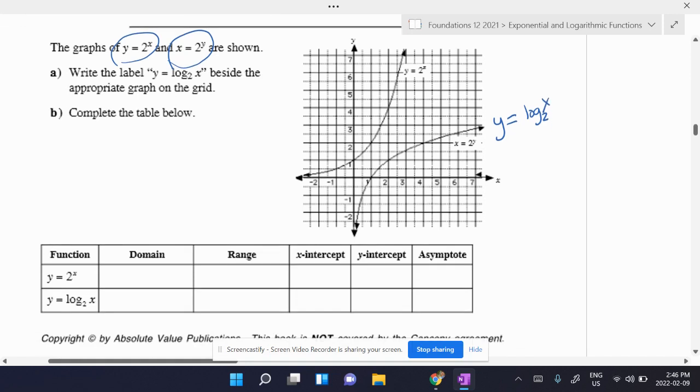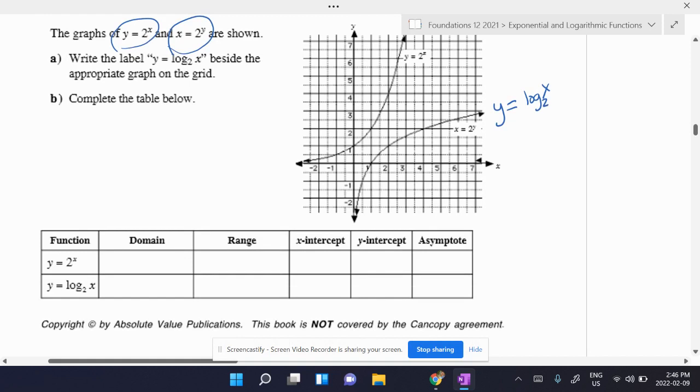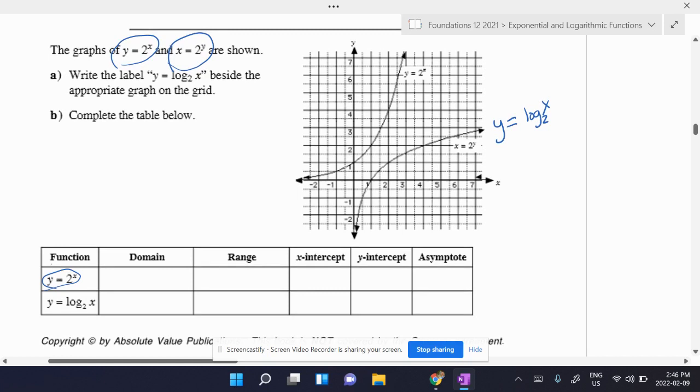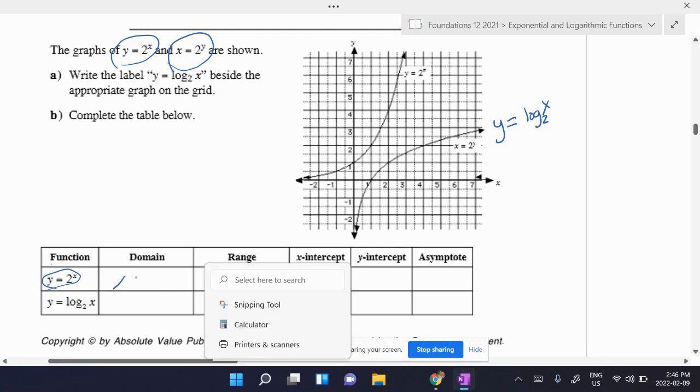Complete the table below. So y is equal to 2 to the power of x. Let's do this one first. X can be any number at all. So x is all real numbers.